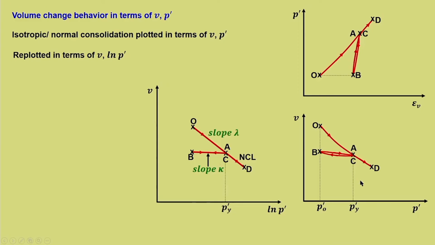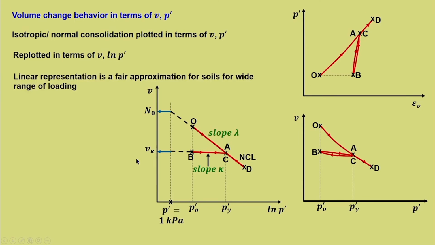P dash y is the yield point, P naught dash is the stress level at O or B. Again, here also we form a reference point, that is P dash equal to 1 kilopascal, the way we have done earlier, and if you extend these lines, you will get the V corresponding to 1 kilopascal. For the normal consolidation line, this is represented as N naught, and for the over consolidation line, with slope kappa, the initial point is considered to be V kappa.